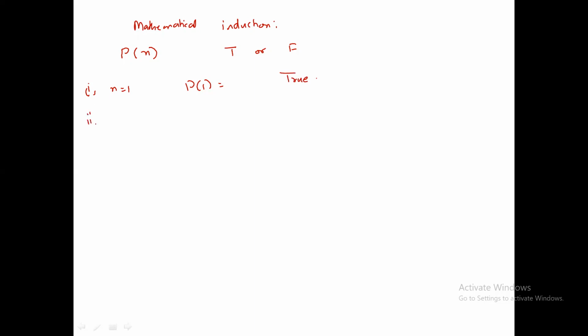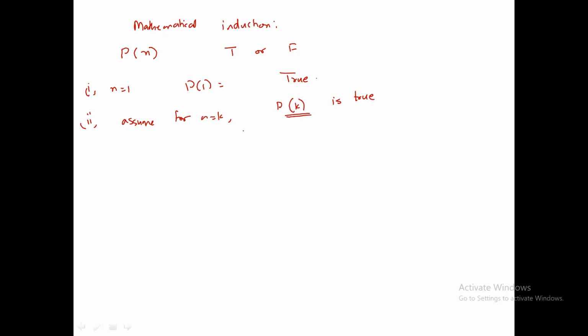Now, the second thing you have to do is assume that for n equal to k, when you put it in the statement, it has to be true. Just blindly, don't do any work. Close your eyes and say that this is true.